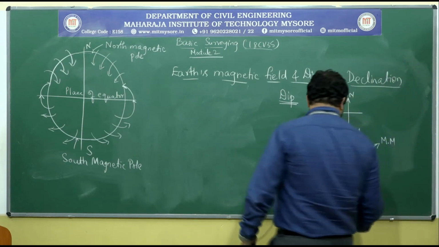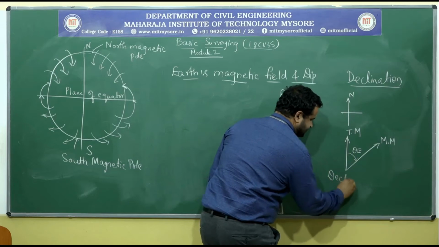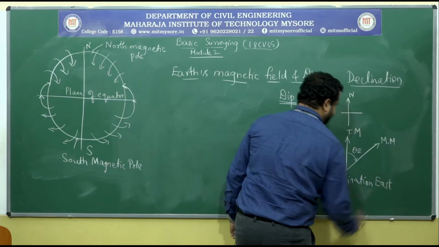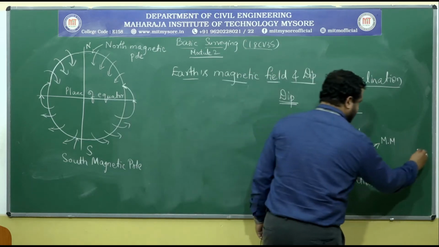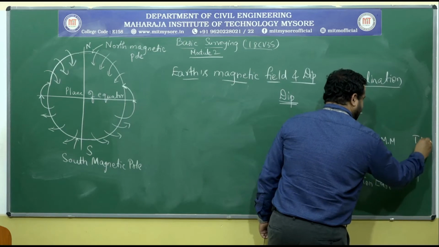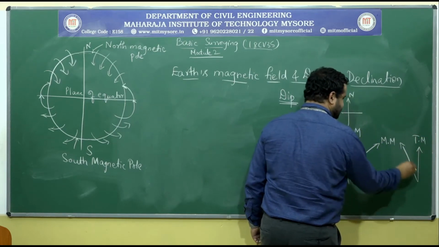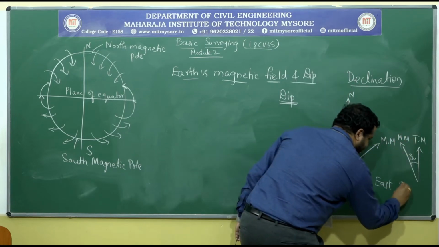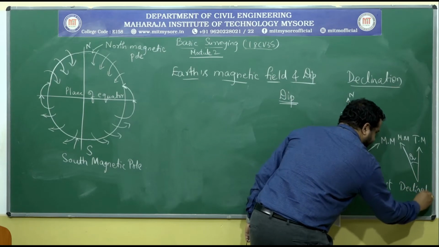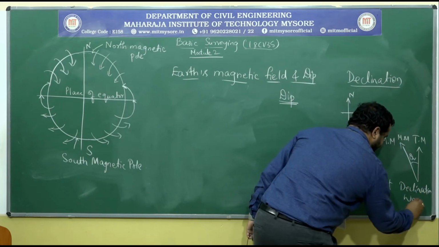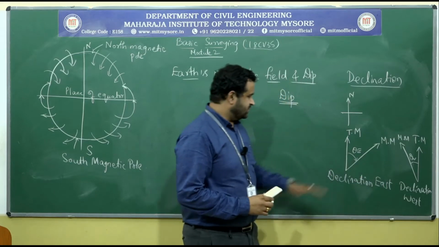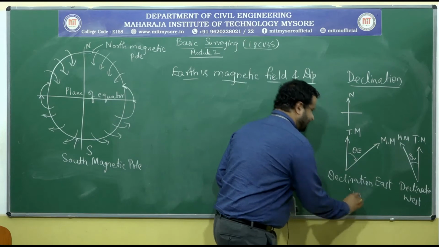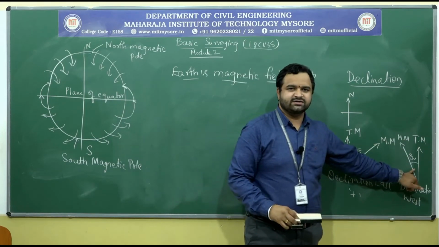So I can write this as declination east, and if the angle between the true meridian and the magnetic meridian is towards west, this is declination west. The sign convention for declination east is positive, whereas for declination west it is negative.